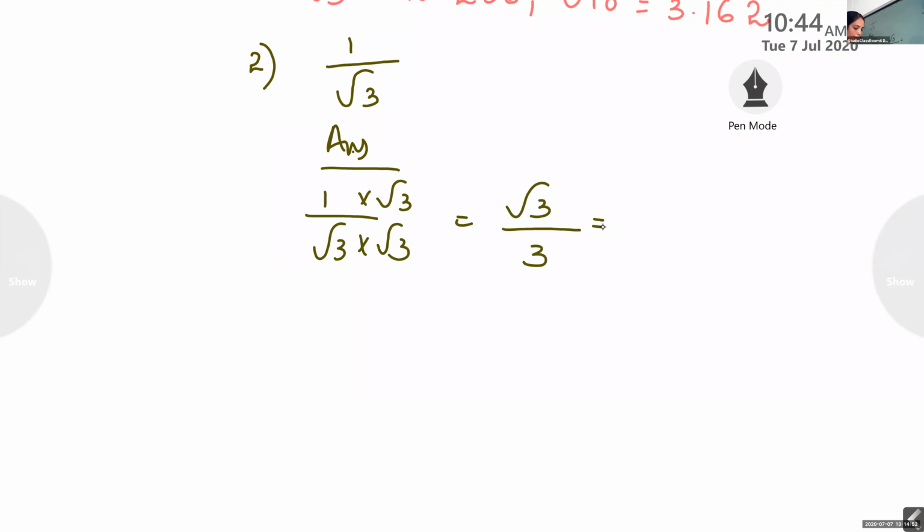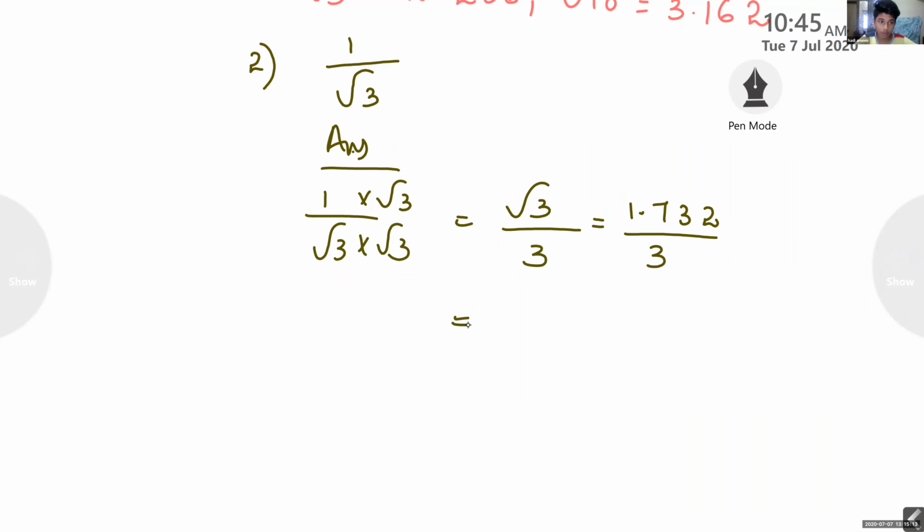And what is the value of root 3? 1.732 divided by 3. So, after dividing, tell me the answer.